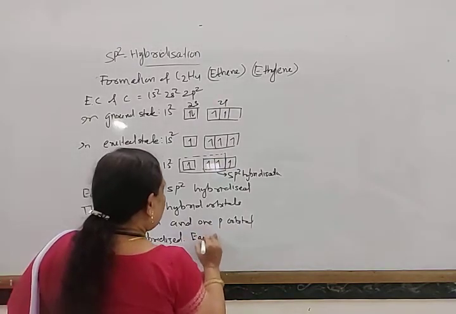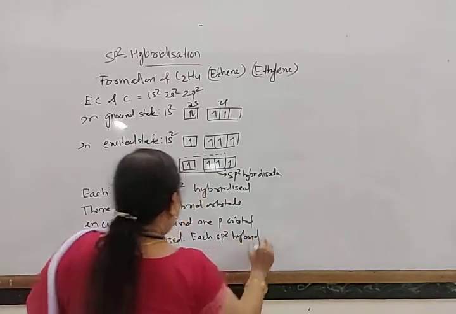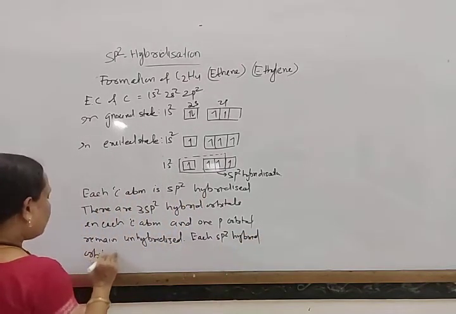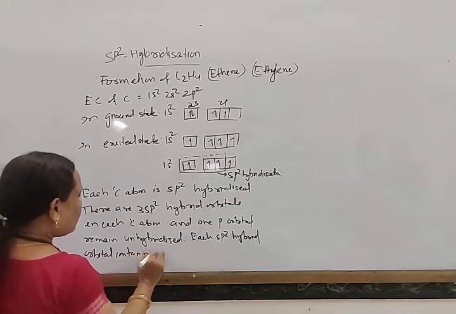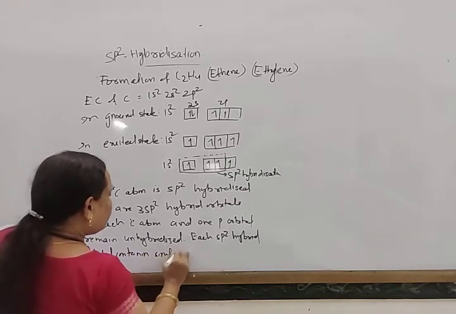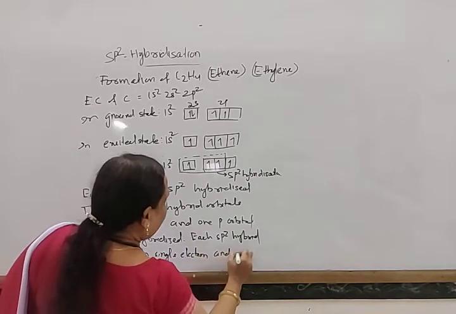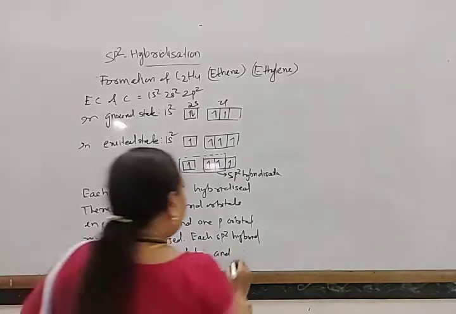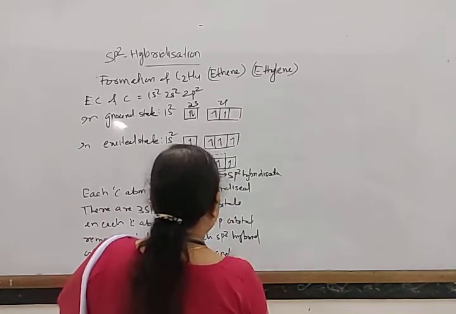So each sp2 hybrid orbital contains a single electron, and the unhybridized p orbital also contains a single electron.